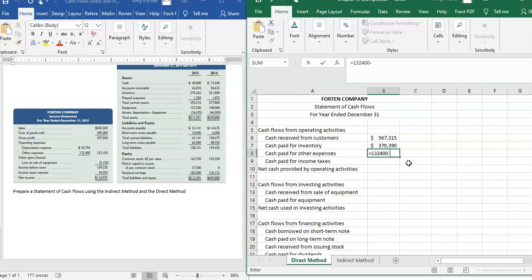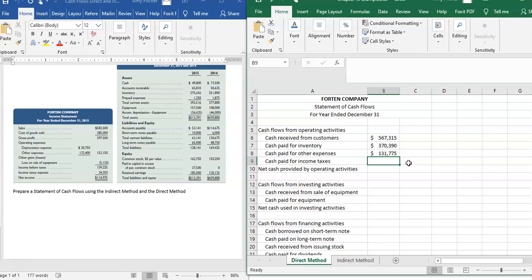So we're going to subtract that change from 2014 to 2015. That gives us cash paid for other expenses of $131,775.